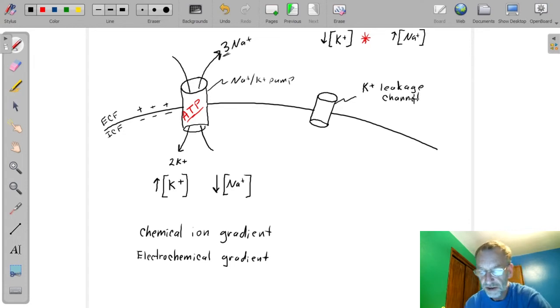So potassium is constantly leaking from where there's a higher concentration to where there's a lower concentration. So the potassium is constantly leaving the cell. And by the way, this transport process is facilitated diffusion.